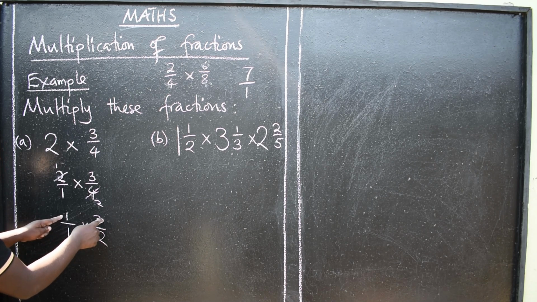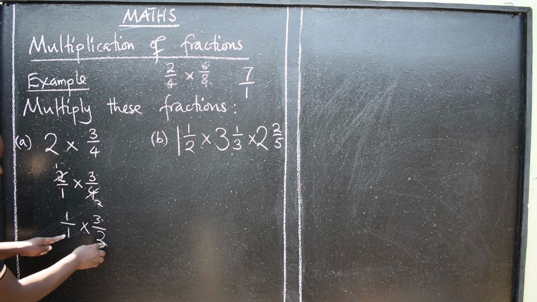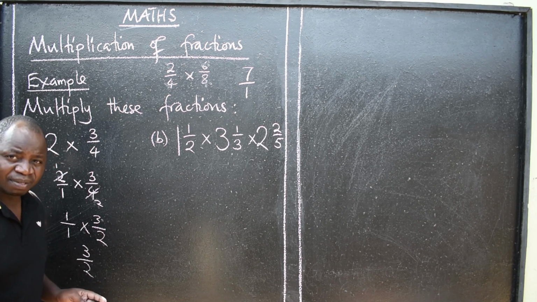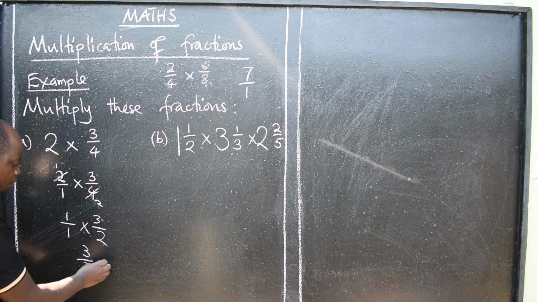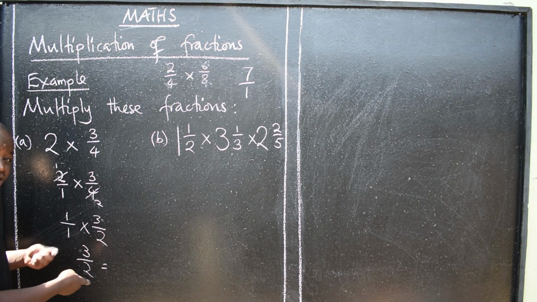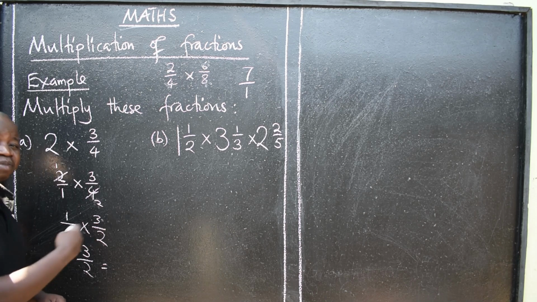1 times 3 is 3, over 1 times 2 is 2. So 3 over 2 is the correct answer, of which I can now write this as a mixed fraction. Look at the way I'm changing from an improper fraction to a mixed fraction.